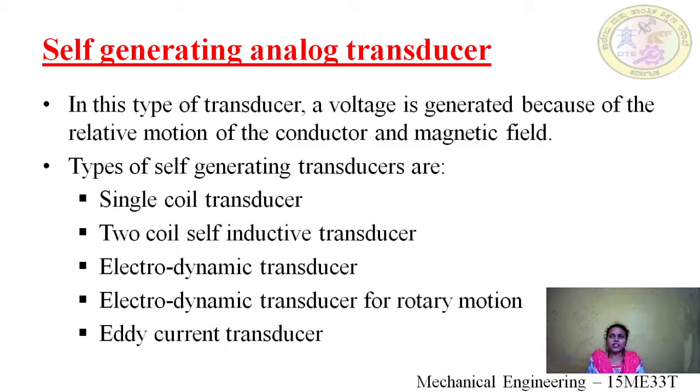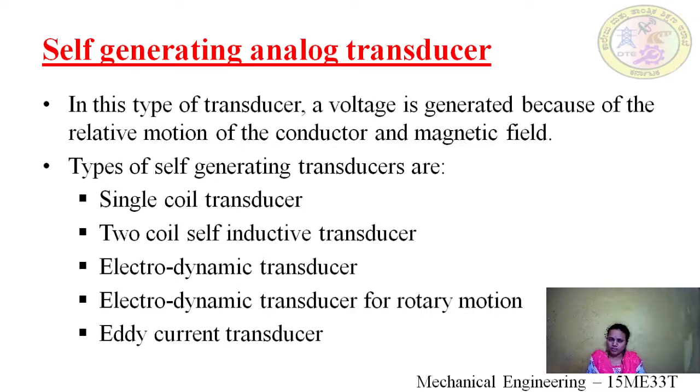There are some types of self-generating transducers. Number 1, single coil transducer. Next, 2 coil self-inductive transducer. The third, electrodynamic transducer. And the fourth, electrodynamic transducer for rotary motion. And the next, eddy current transducer. So these are the 5 types of self-generating transducers.